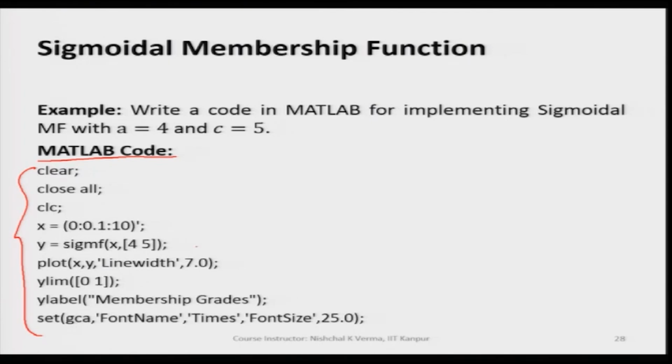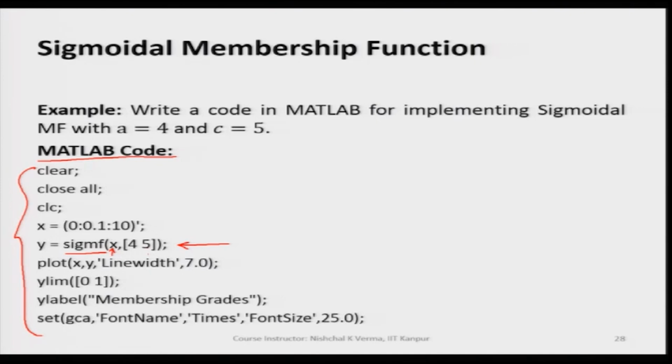Like in previous MATLAB codes, here also we have a sigmf function, which is the MATLAB function for generating the sigmoidal membership function, and x is the generic variable, and 4 and 5 are the values of a and c. This way, if we suitably input these values, we can get the suitable sigmoidal membership function generated.